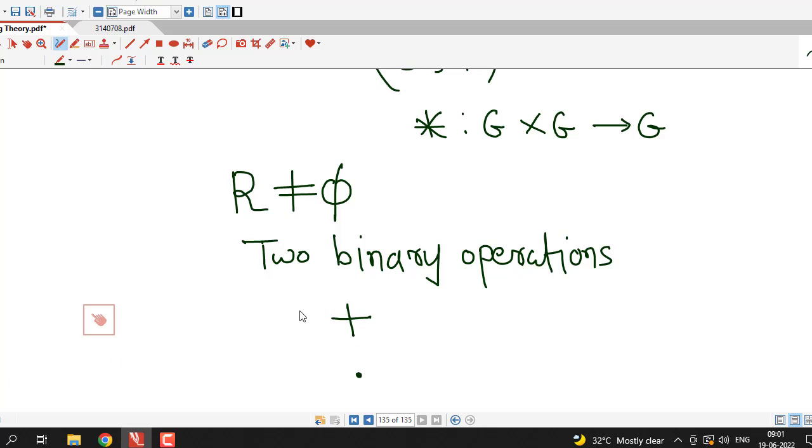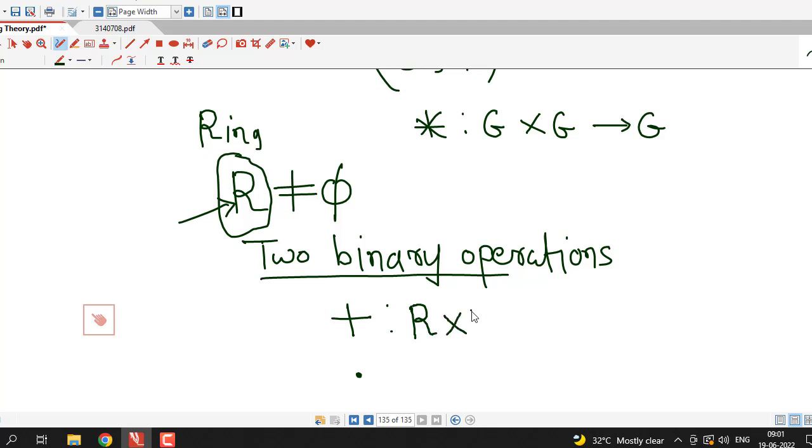There is nothing special about this notation, but in this special type of algebraic system known as ring, they use these two notations for two binary operations on that ring. So one operation is denoted by addition. It is a binary operation, and we know that a binary operation is a function from R cross R to R.